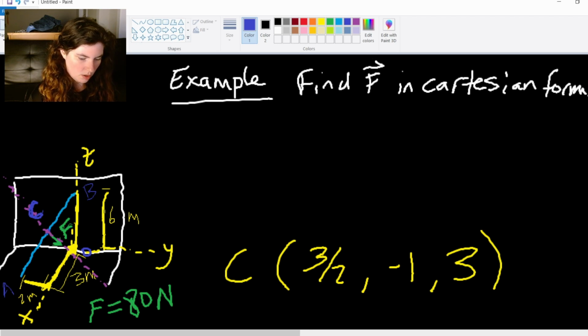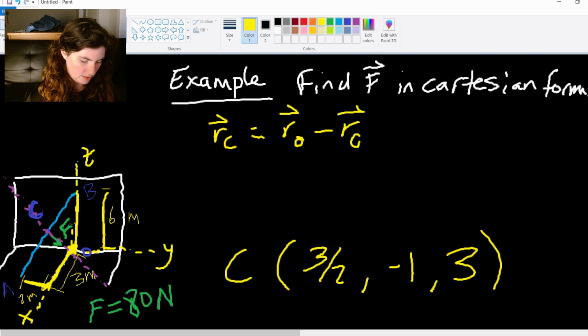So our RC is going to be, it's going from C to the origin, so it's going to be RO minus RC.